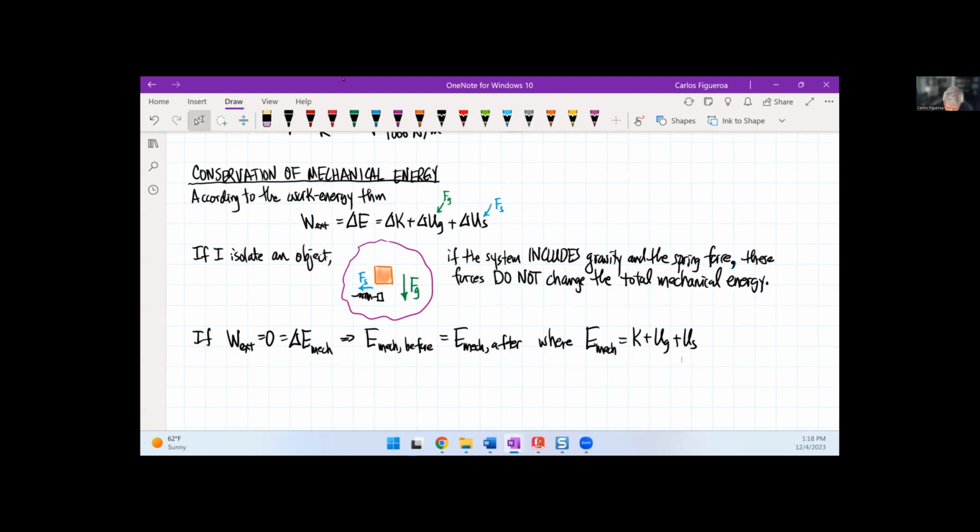If this is the case, this is what conservation of mechanical energy tells us here.